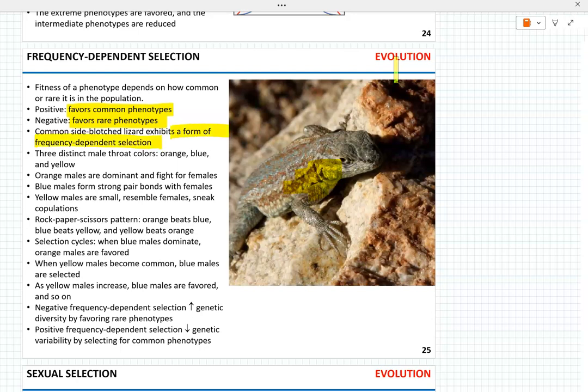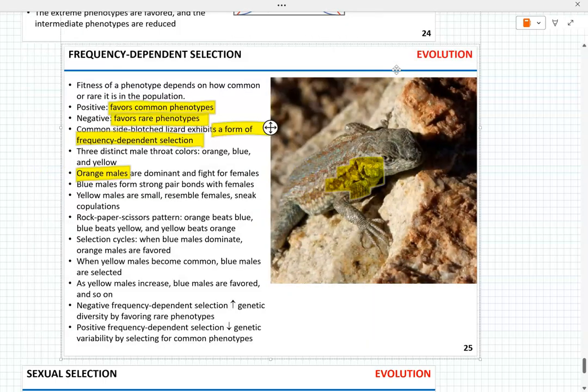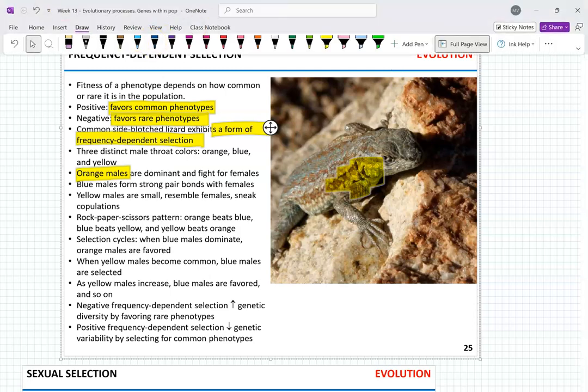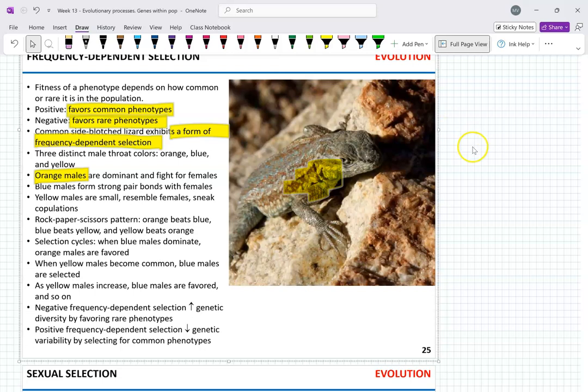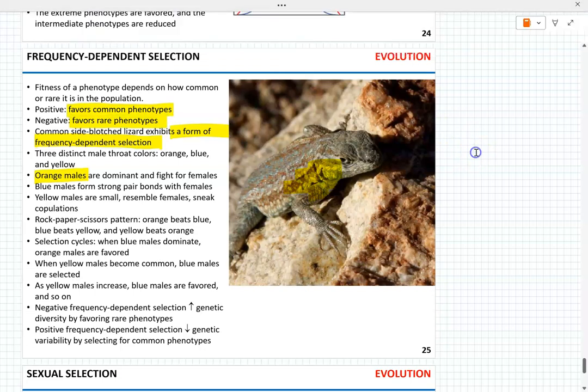There are three throat colors: orange, blue, and yellow. Orange males are dominant. They fight for females. Blue males form long-lasting pairs with females. And yellow males are small.